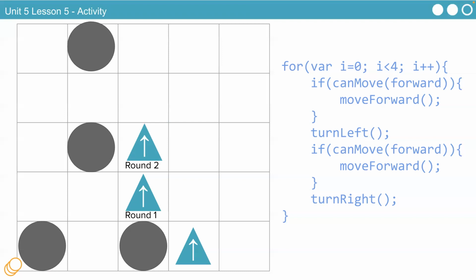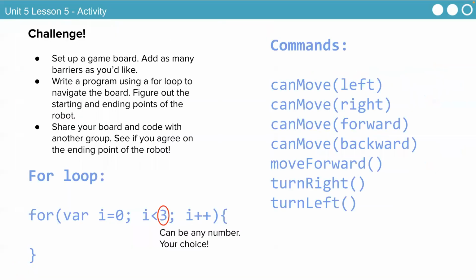I'm expecting to be here, pointing up. Next one, if you can move forward, which we can't, so just turn left. If you can move forward, turn back right. I'm expecting to be here, pointing up. Okay, after round 4, I expect to exit the loop. And so that's where I'm going to stop.